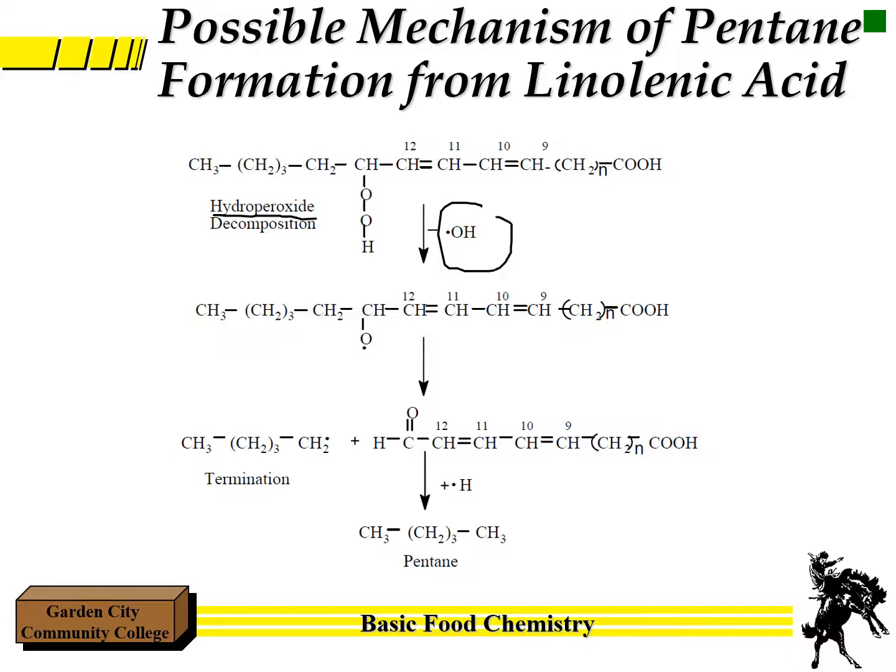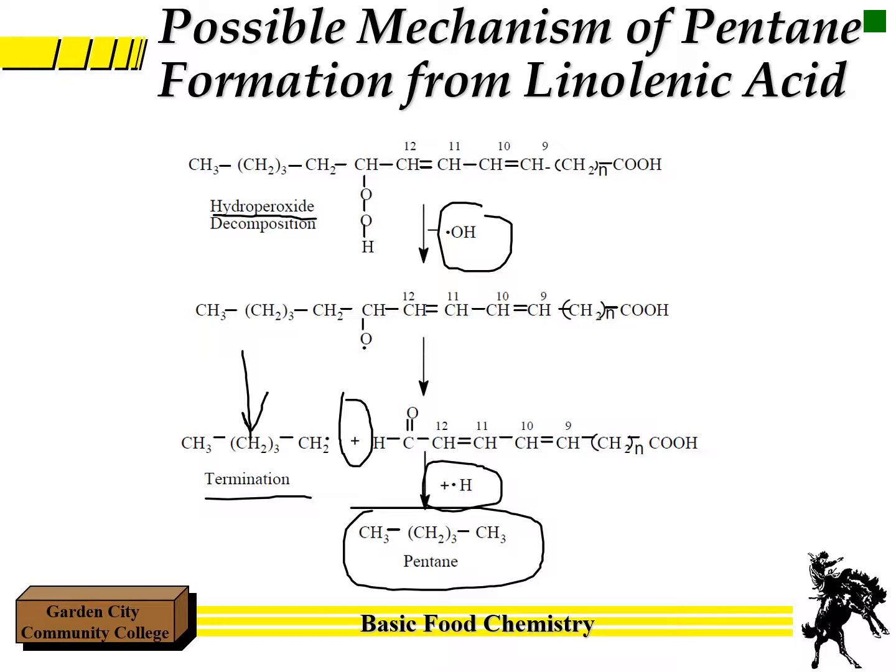We're actually going to lose an OH group this time, and then what really gives you that true oxidation is the pentane that's formed. So basically, it's going to cleave off. You can see part of it, which then will become the pentane with that labile hydrogen atom that is just in the balance here.